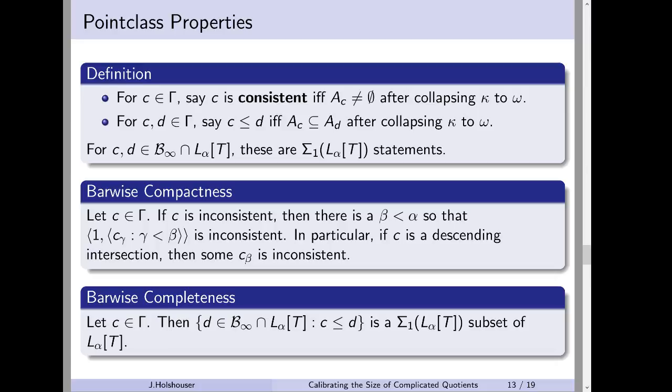If it's inconsistent, then it's inconsistent because of a proper initial segment of its intersection. Without loss of generality, all of these codes in gamma have length alpha, the full size of the structure, and you can cut it off before then and get an intersection which is inconsistent before that. In particular, if it's a descending intersection, then just one of them was inconsistent.